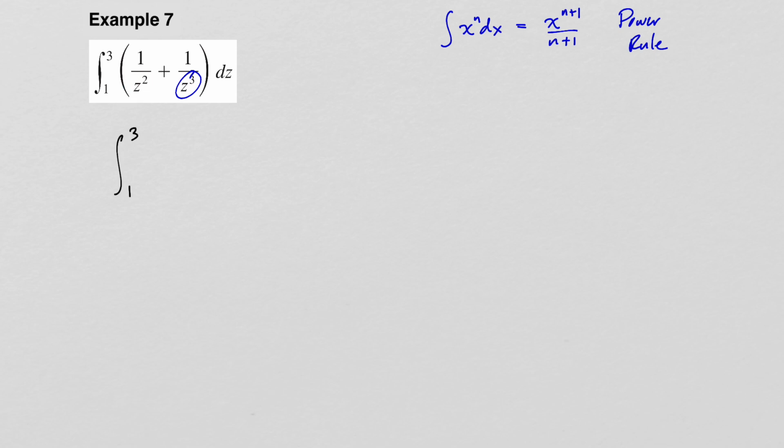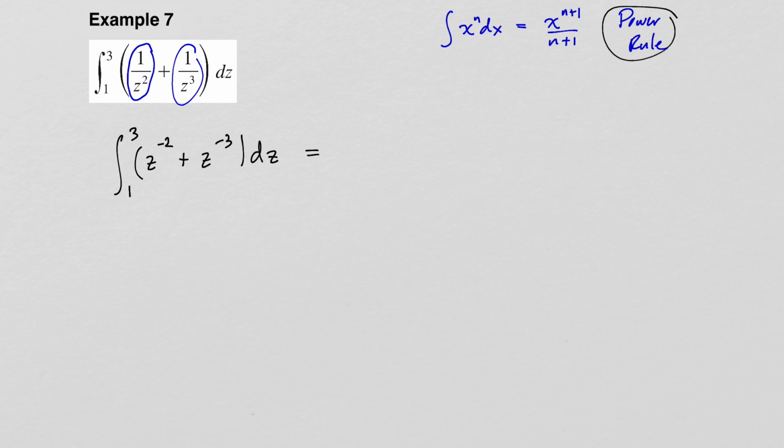So the first thing I need to do is rewrite 1 over z squared to be z to the negative 2, and then 1 over z cubed to be z to the negative 3, dz. Now I can use the power rule on each one of these.